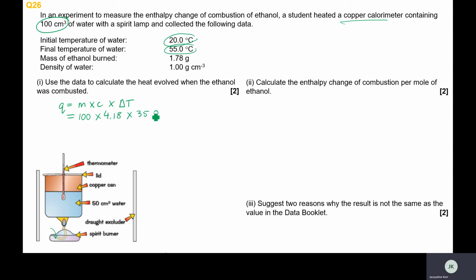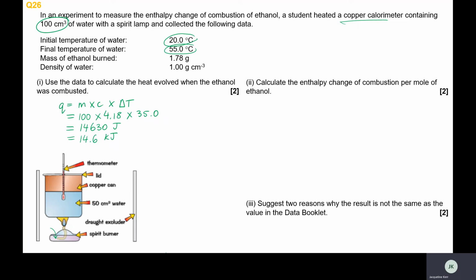And that's to three significant figures there, one decimal place. Okay, so multiply that all together, we get 14,630 joules, or it looks a bit neater if we make it kilojoules: 14.6, and actually stop at 6. As I said, there are three significant figures.